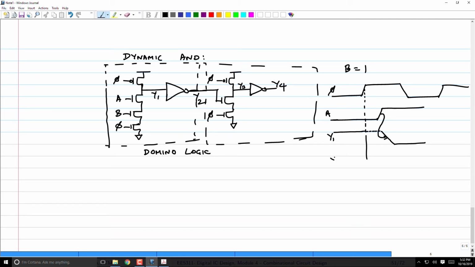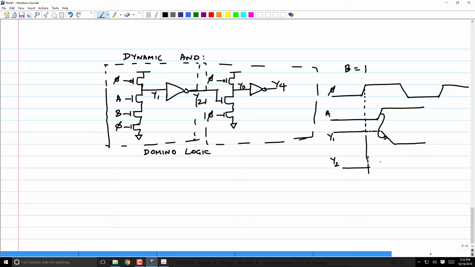What happens to Y2? In the pre-charge phase, Y1 is what? High. So Y2 will be low. Is it floating low or driven low? It's driven low. In the next phase, between the clock and till the input rises, is Y2 floating or is it driven to some logic?